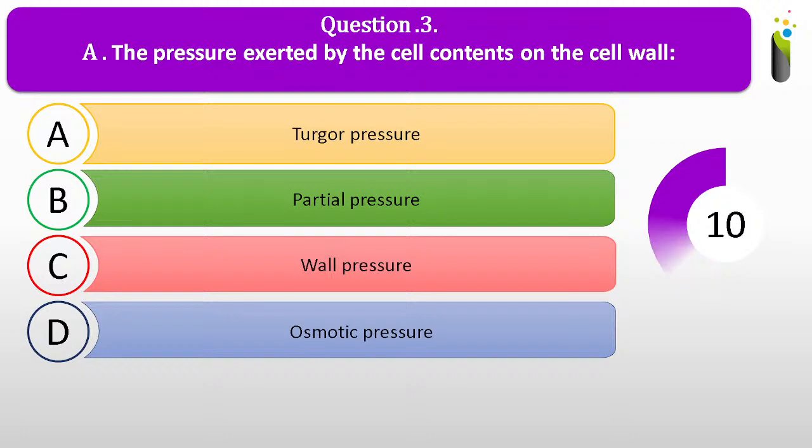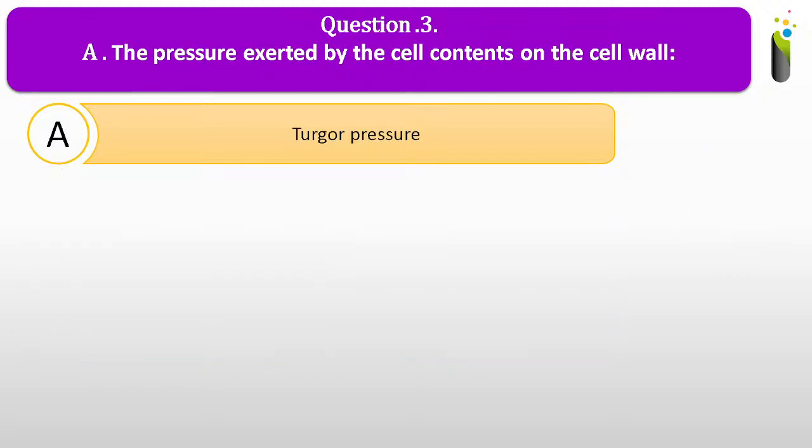Answer me for question number 3A. So the correct answer, the pressure exerted by the cell contents on the cell wall is called turgor pressure.